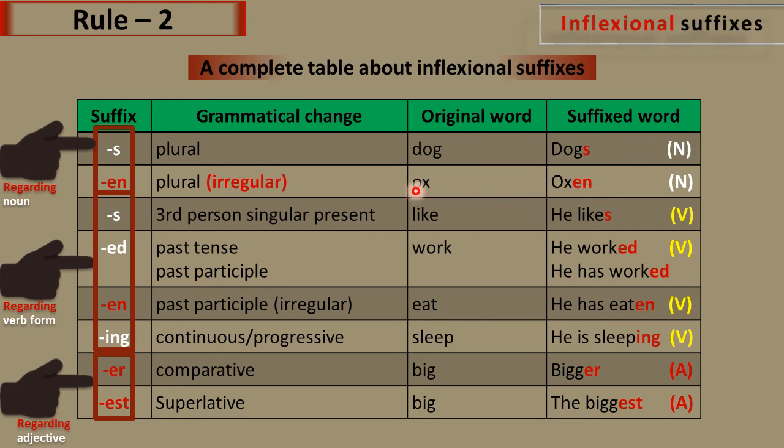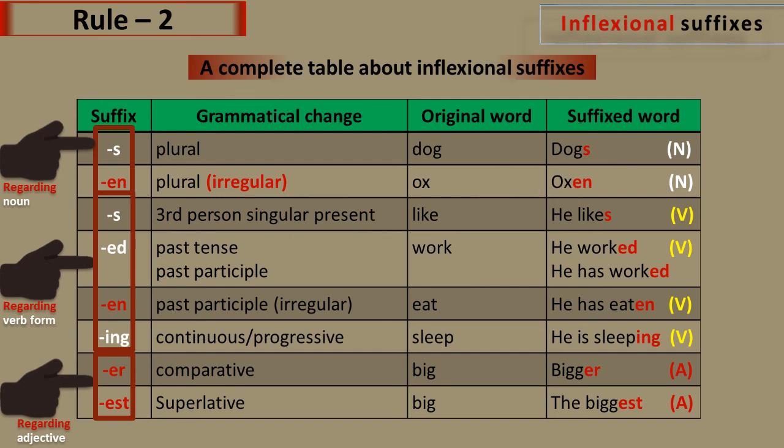The stress of the root word is on the same syllable, and moreover it is monosyllabic. By adding en you can form a disyllabic word, but although it is disyllabic, the stress cannot be changed. What is the fundamental rule of inflectional suffixes? Inflectional suffixes cannot change the stress of the root word.